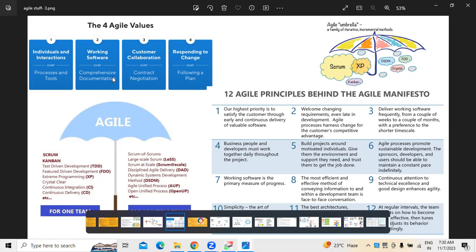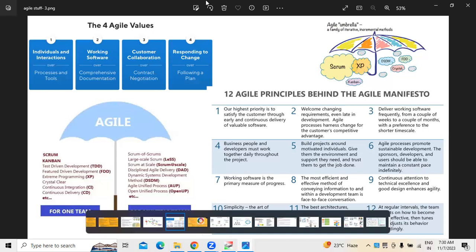Whereas in agile, customer collaboration means the customer will also be a part of the project. How is that possible? This is the reason why there is a role called product owner. You might have heard about it. Product owner is a role played by the people who are working on application development.